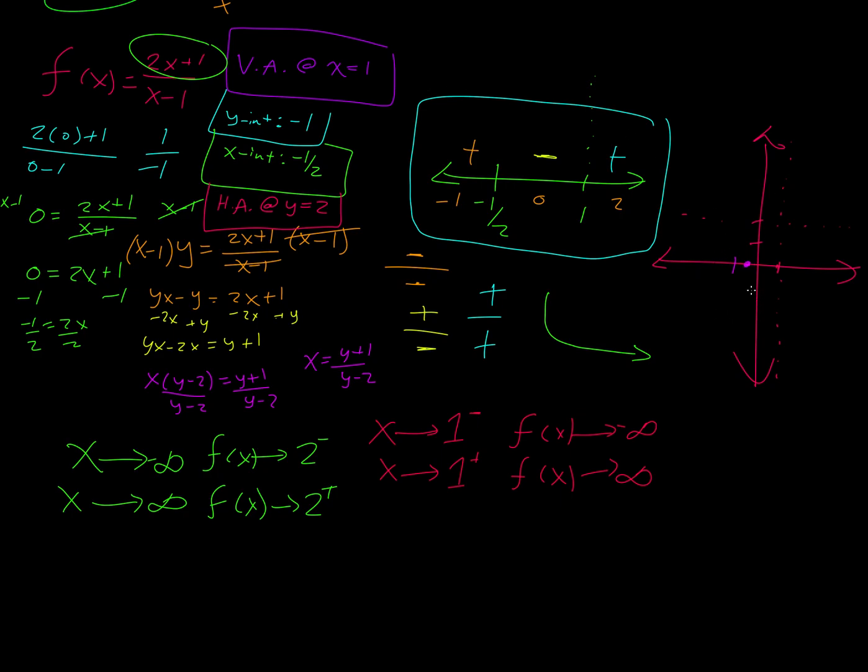And we have a y-intercept at -1. And so as we approach, we go down. Okay, so that makes sense. So it's going to look like that, and then it's going to look like that, kind of. All right, there's our function.